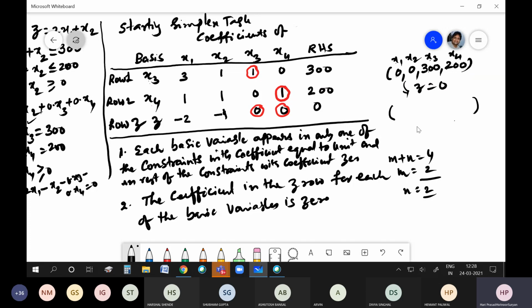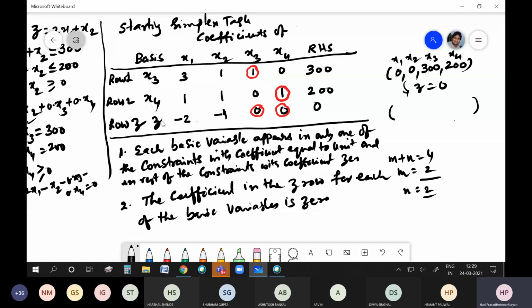How we get it is by seeing the coefficients of the non-basic variables in the z row. What is the sign of the coefficients of the non-basic variables in the z row? Negative. If you have negative coefficients for non-basic variables in the z row, it means you have not reached an optimal solution, so you still have to do some iterations.